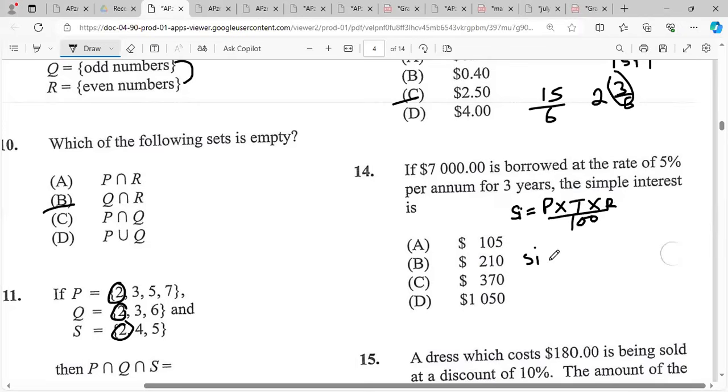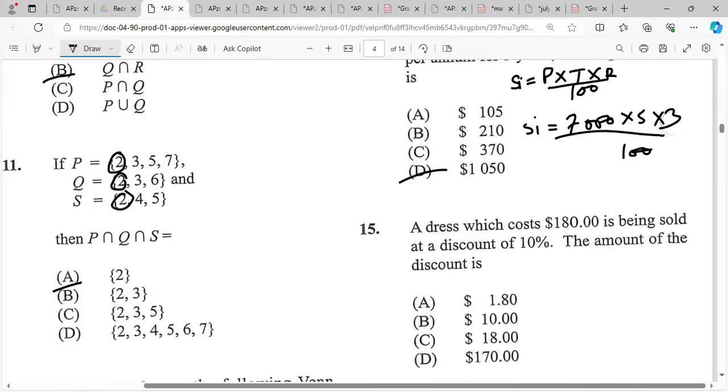Didn't we do this on the last one? I think so. Say 7,000 times 5 times 3 over 100. This cancels this. 5 7s are 35. So that's 350 times 3. I think we did this the last time as well. That's a repeat also.